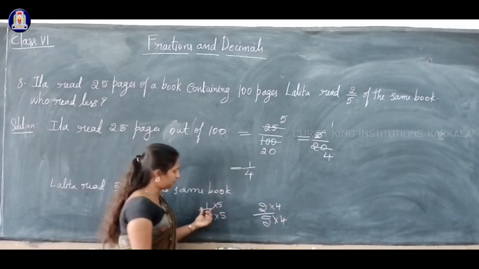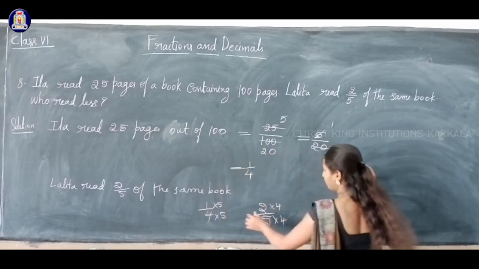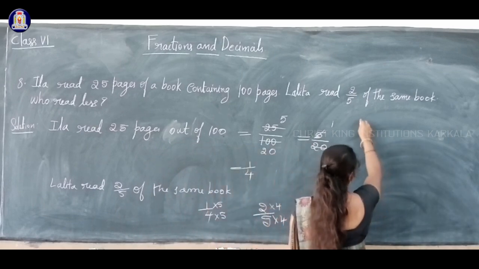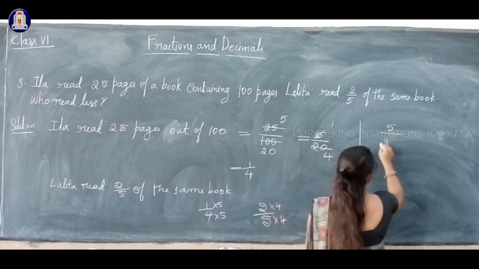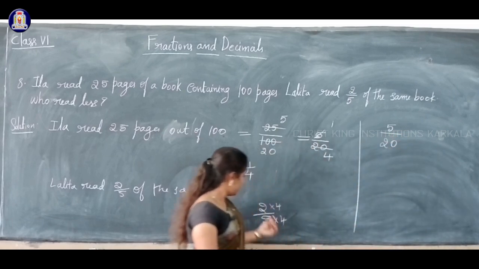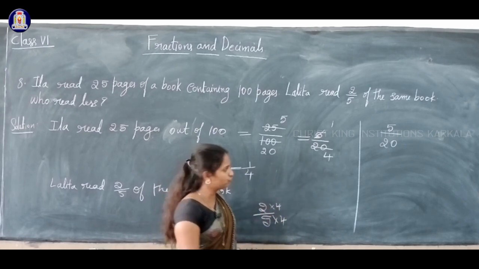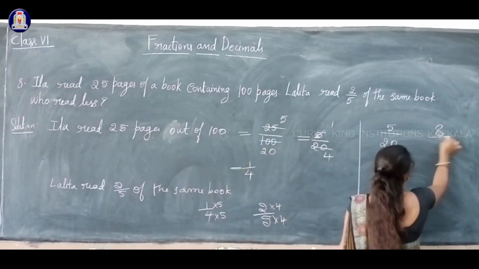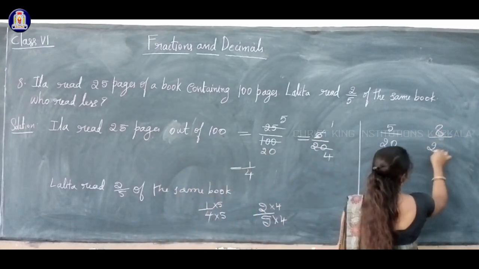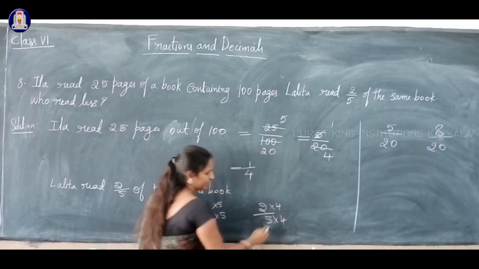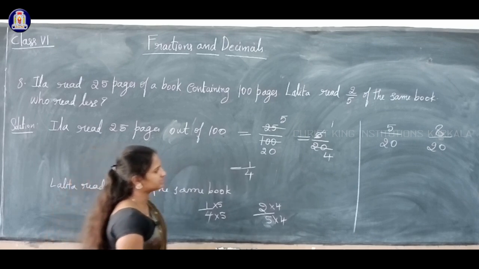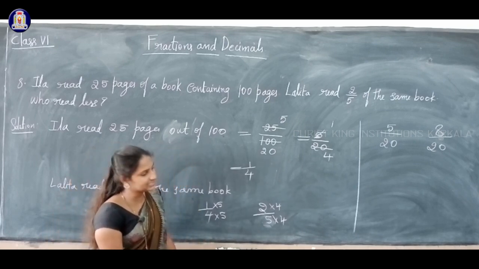So now if I multiply this, I will get 1 by 5, that is 5, and denominator 4 5s are 20, and numerator 2 4s are 8, and 5 4s are 20. Clear? Now we can say which is less and which is larger.